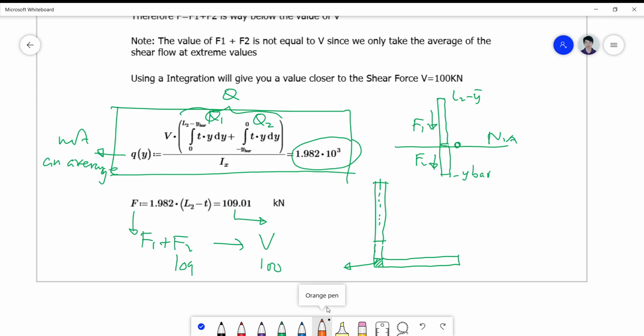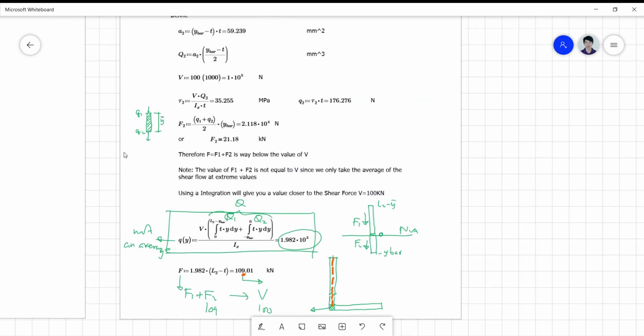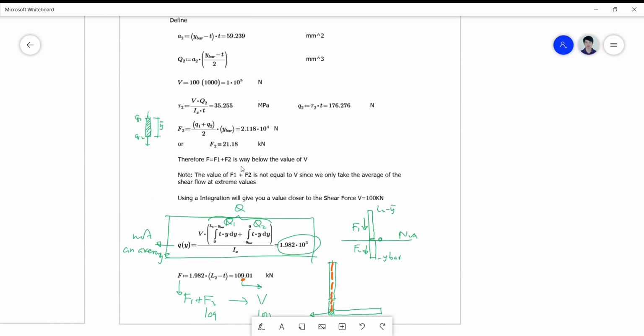If you are only considering the midlines here, you cannot capture the effect of the values of your shear on this transition, on this junction. So that's why there's a slight error of 9 kilonewton, but it compares fairly well with the shear here, rather than simply using the average values of Q in this method.